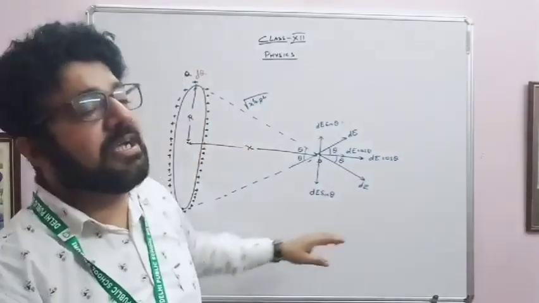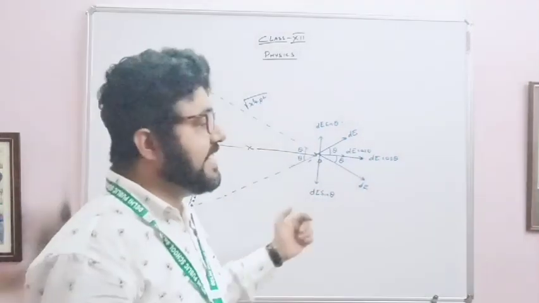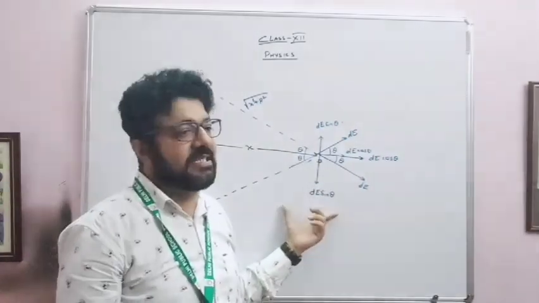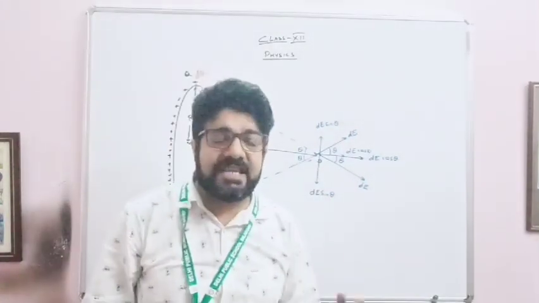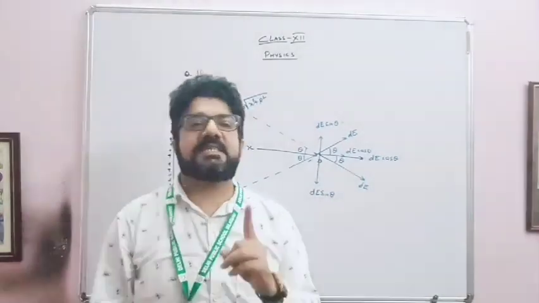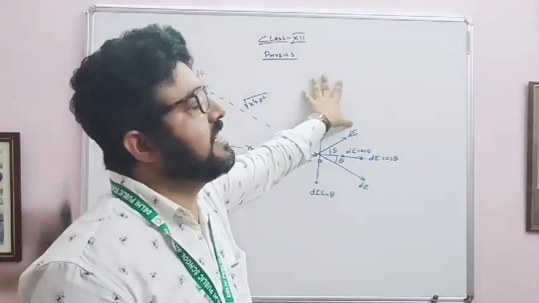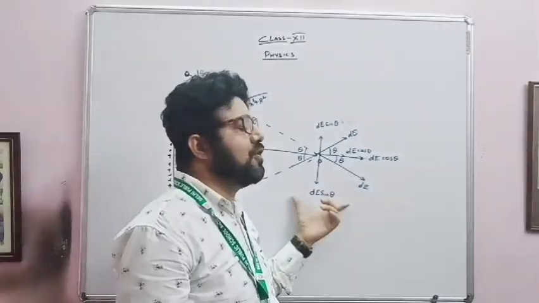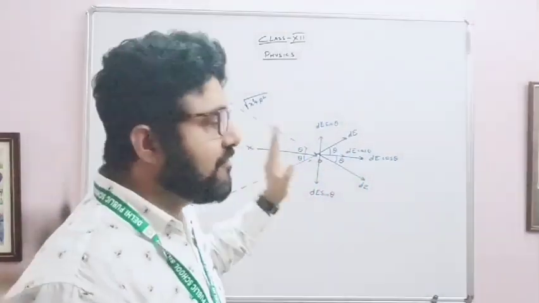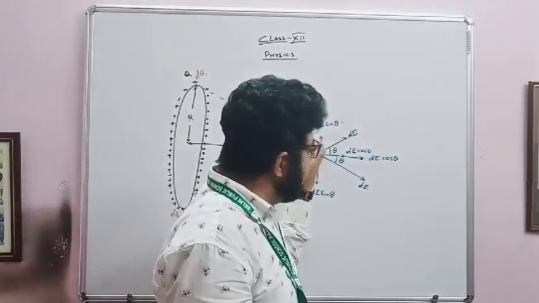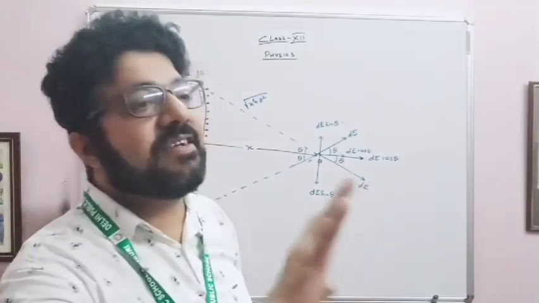You have to mention it clearly from the figure: each component of dE sin theta for the lower half is cancelled by each component of dE sin theta for the upper half. They cancel each other, and every time dE cos theta towards the x-axis, they are additive in nature.